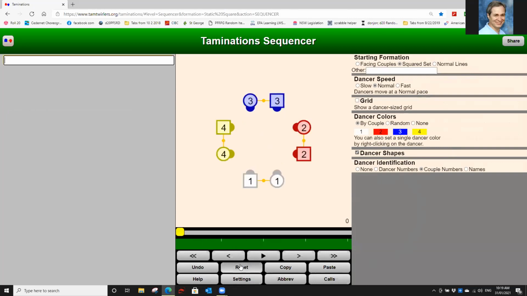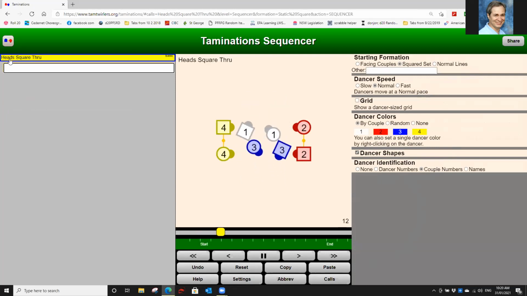Okay, from the corner box, a head square through 4. Step to a wave, girls trade.